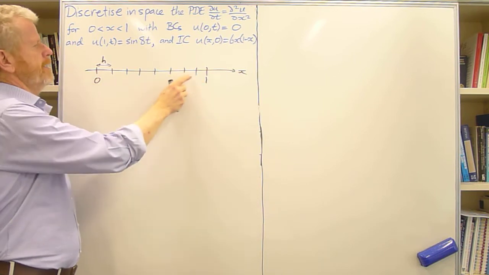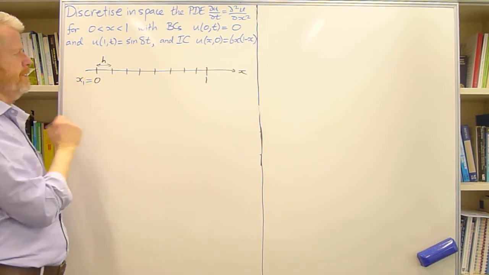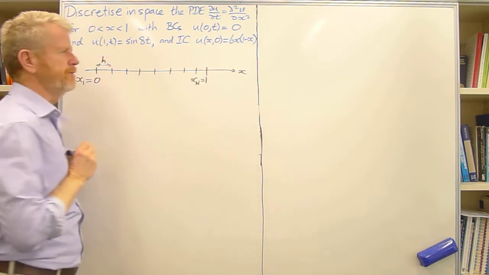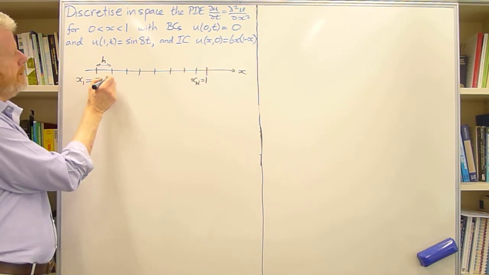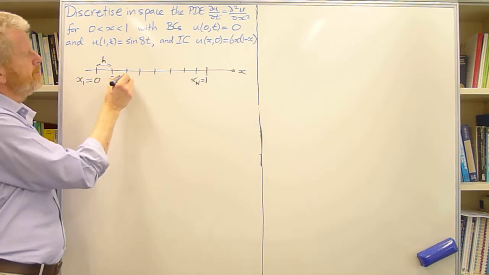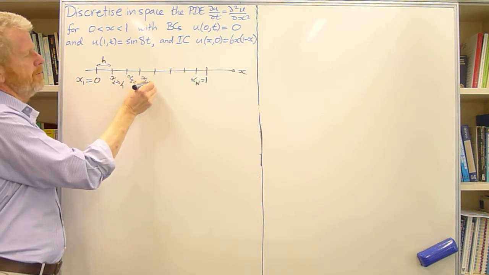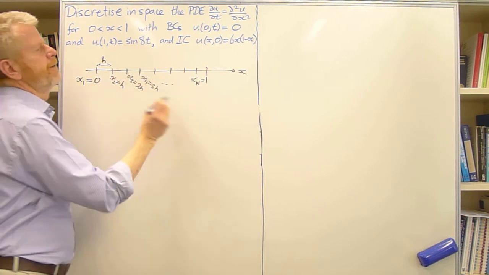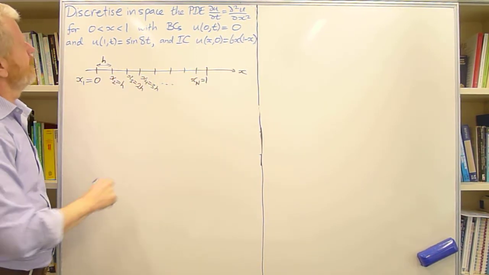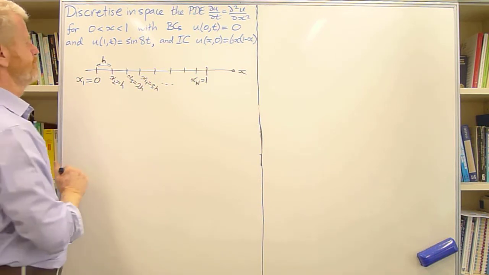Now this means that there are n points along here. The leftmost point we'll call x1, that's 0, and the rightmost point is xn, which is 1, and then x2 will be this point, and that has coordinate h, x3 is 2h, x4 is 3h, and so on, all the way up to x(n−1), which is (n−2) times h.